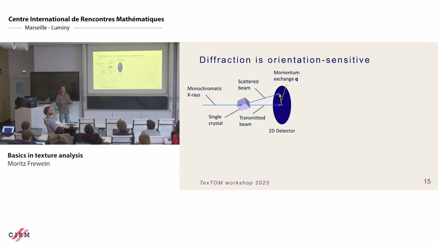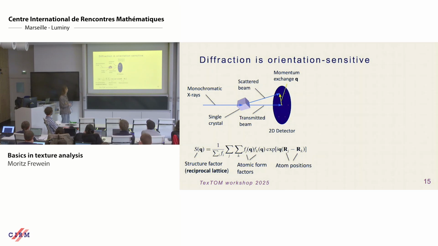Luckily, we know how to model a diffraction pattern because it's directly linked to the crystal structure itself through this formula, which is the structure factor. So basically, we need to know the positions of the atoms and their types, which come in here.